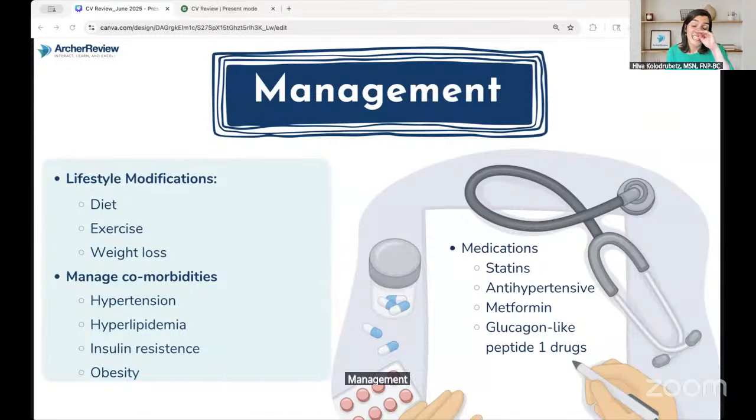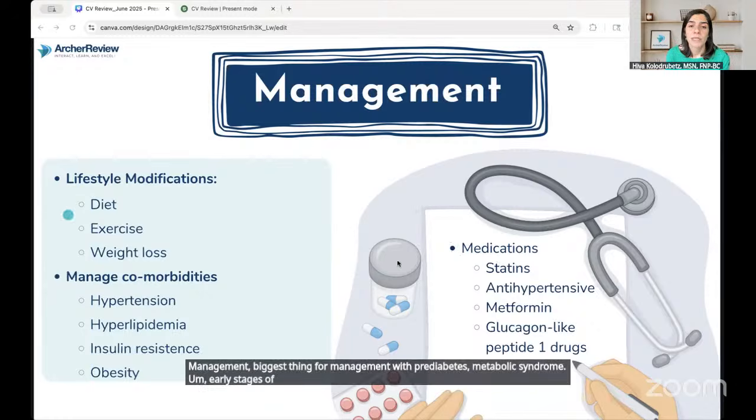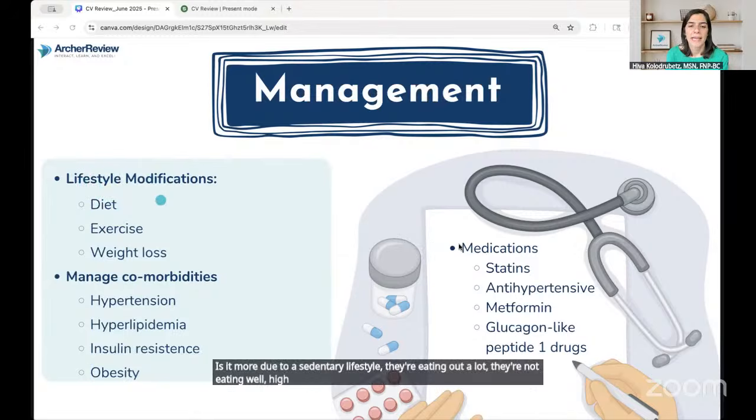Management, biggest thing for management with pre-diabetes, metabolic syndrome, early stages of hypertension, we really want to talk about lifestyle. So let's get to know our patients. What's going on? Is it more due to a sedentary lifestyle? They're eating out a lot. They're not eating well, high caloric diet, fatty diet, weight loss.